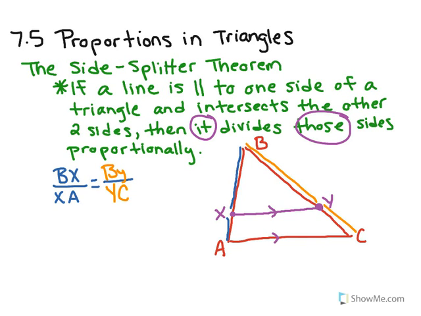And that's all it's saying. So if you have this situation, if you've got this parallel line in here, and you have a triangle, then you automatically know that all four of these sides are proportional in this way. So let's take a look at an example to see how to work this out.